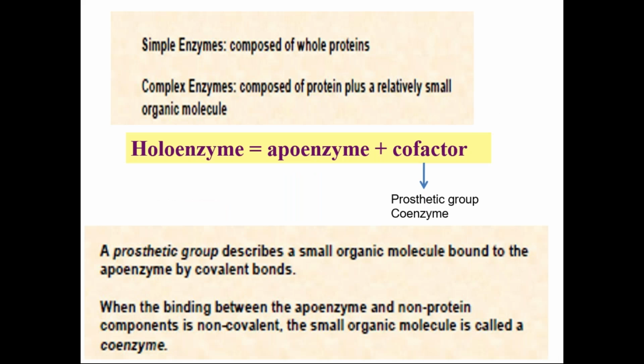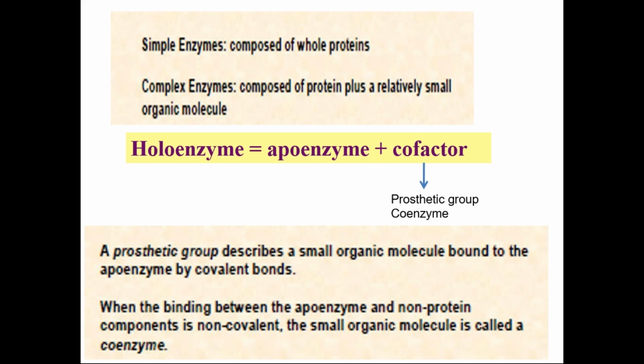You also have complex enzymes, which are a protein plus a relatively small organic molecule which is required for its activity. So a holoenzyme or a complete enzyme is the protein, which is called an apoenzyme, and a cofactor, which could be the prosthetic group or it could be the coenzyme.